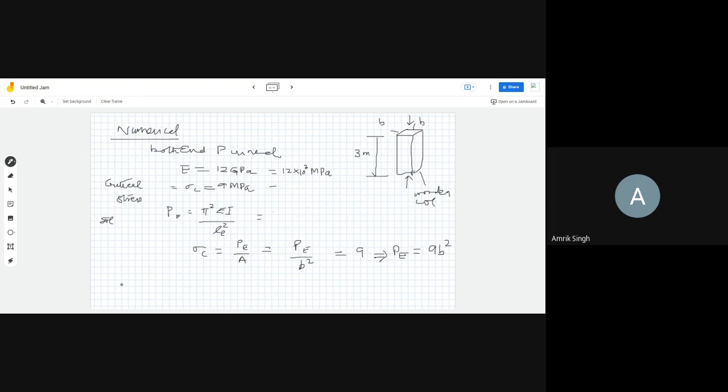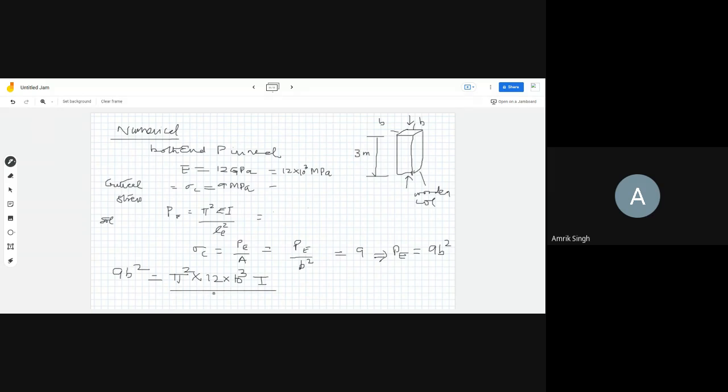So 9B square is equal to pi square into E, given as 12 into 10 to power 3, and I you can calculate, divided by L square, L is 3 meter.